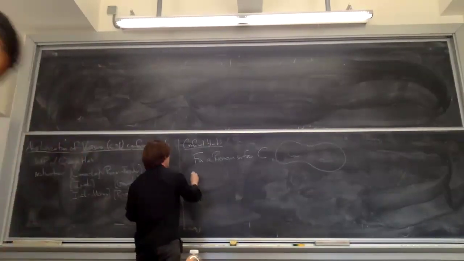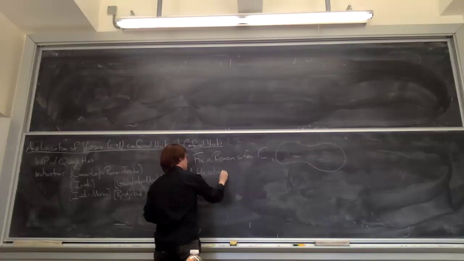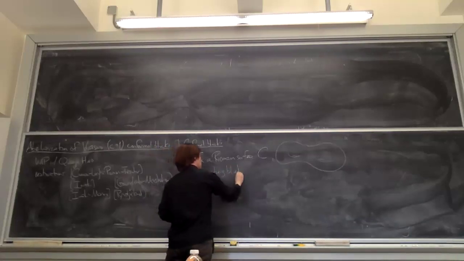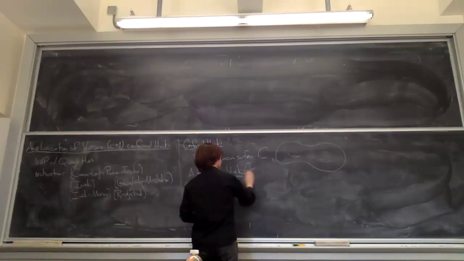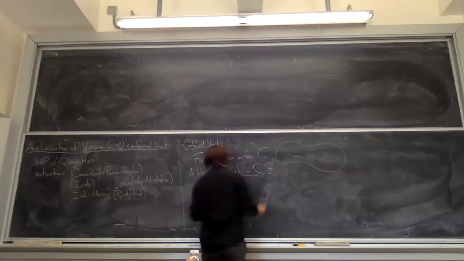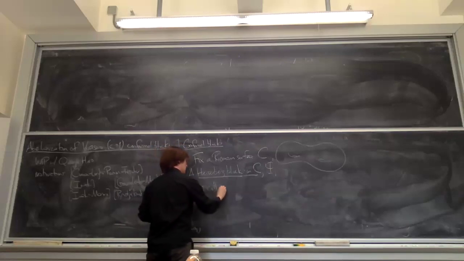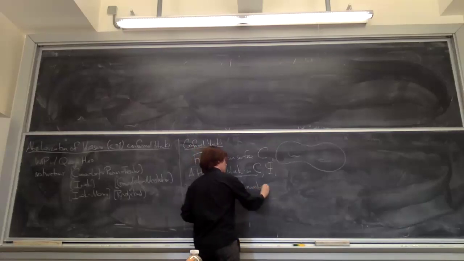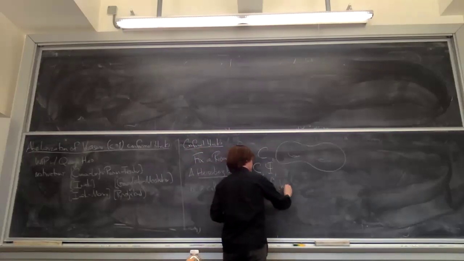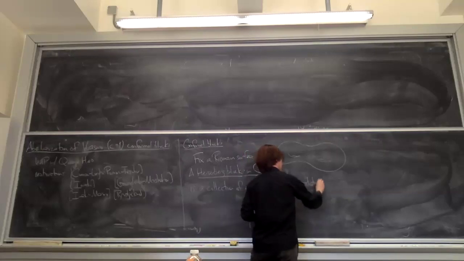So a Heisenberg block on C, I'll call it psi, is a bunch of numbers. Sometimes we would call those numbers correlation functions or chiral correlation functions, chiral correlators.